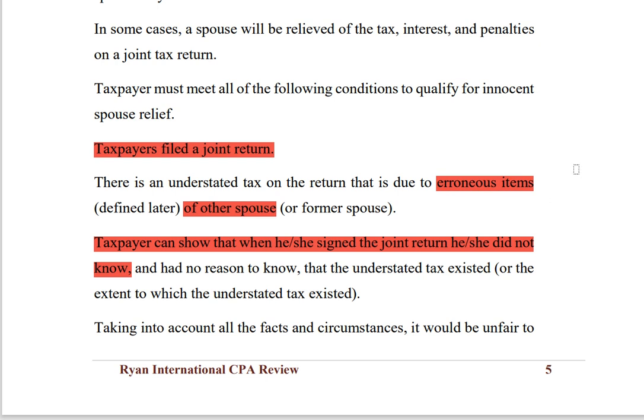She was expecting a refund, but all of a sudden she gets a letter saying that the amounts are adjusted against her husband's previous returns, or certain items are adjusted against the previous returns. In such a case, she is denied her due right of getting a refund. She can request for an innocent spouse relief, as long as she has signed a joint tax return and really did not know about the issues that her husband has on his previous returns.